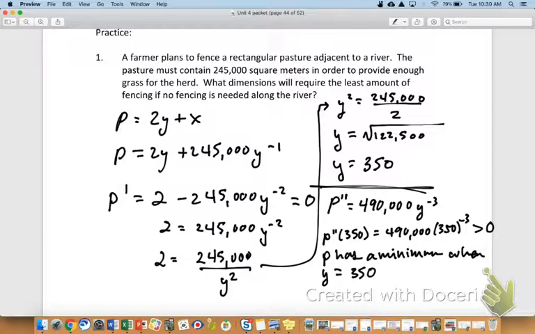I've proved it, I justified it, I got a good conclusion. And if I remember right, aren't the final dimensions 350 by 700? 700? Okay. So my final dimensions would be 350 meters by 700 meters. And hopefully the farmer and everybody's happy.